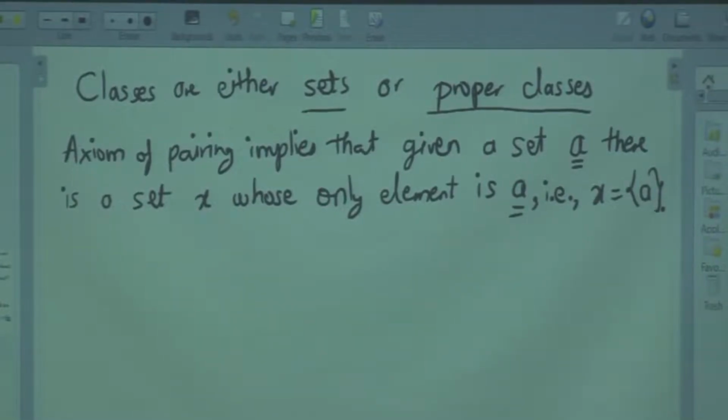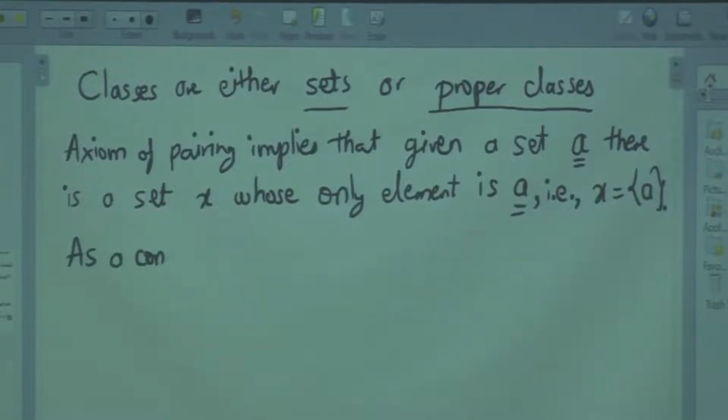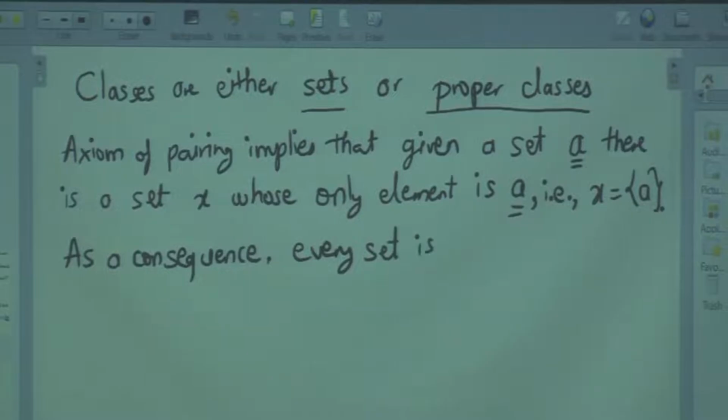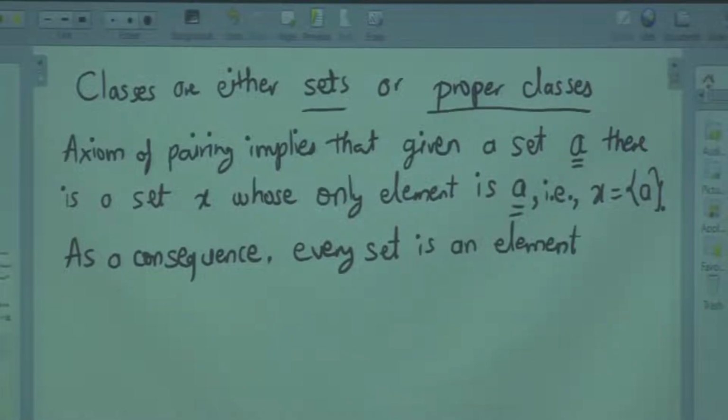As a consequence, every set is an element of some other set. Do you agree with this? Yes, every set is an element of some other set.